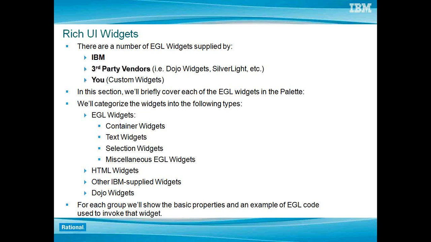We've already seen how we can use Dojo widgets and what the Dojo widgets available are. Later on, we are going to learn in detail about these two different widget categories. Like IBM widgets, what are the IBM widgets available in EGL, and what are the Dojo widgets from the third party that are currently available inside of EGL.